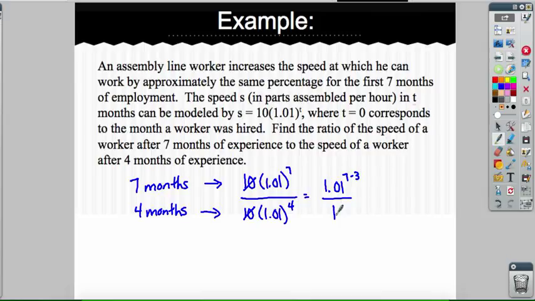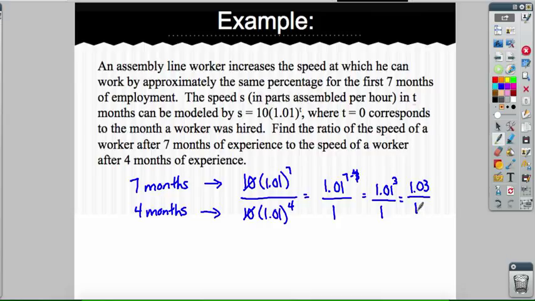And because this is a ratio, I am going to keep the denominator as a 1. And I end up with 1.01 to the 3rd over 1. And 1.01 cubed is 1.03 rounded over 1.